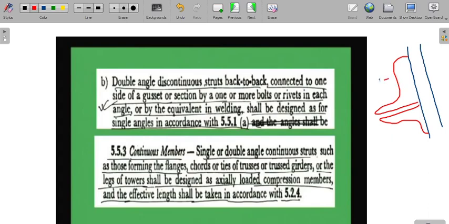When it is connected by a single bolt or single rivet, in that case we have to design it as per the guidelines given in number 1. What does the guideline say?